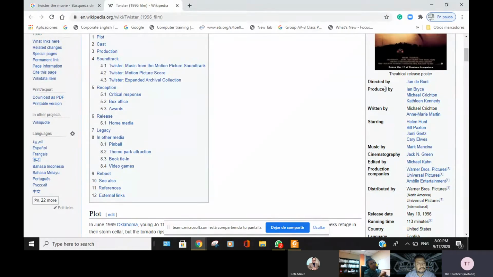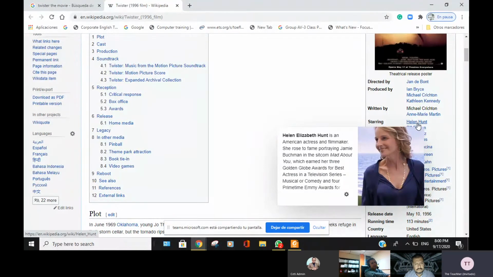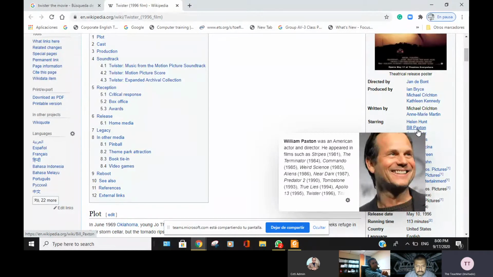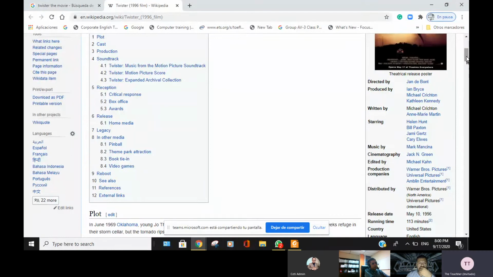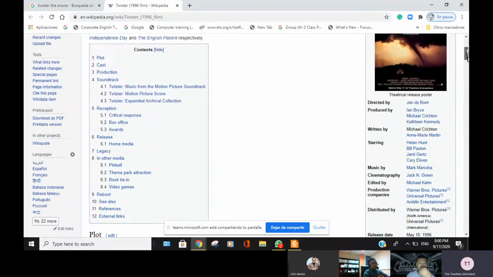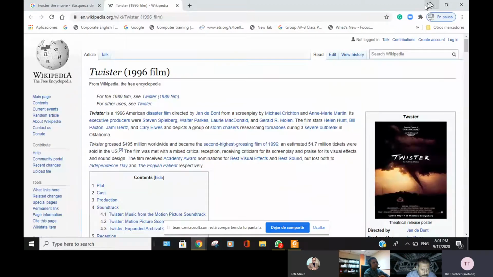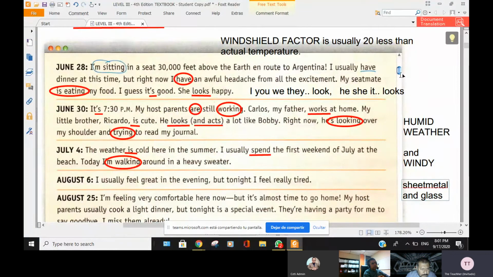I think I know the girl, Helen Hunt. She's a good actress. I like her. And Bill Paxton's pretty good. Isn't he the actor in Jurassic Park, or no? In this movie, they show a lot of flying objects. The wind causes a lot of damage.